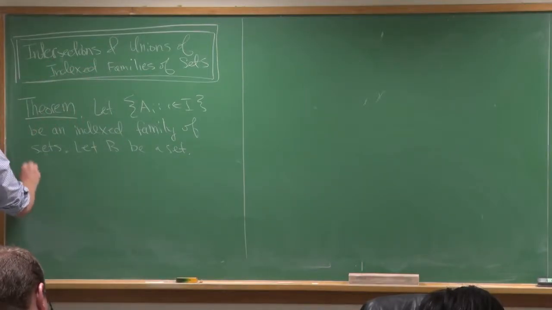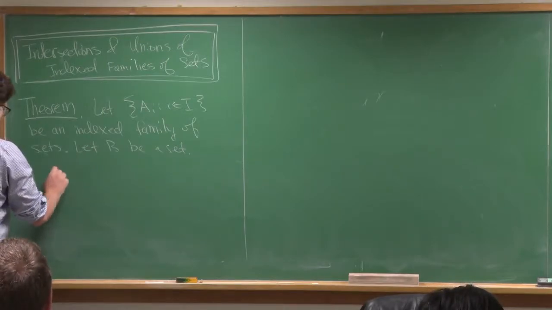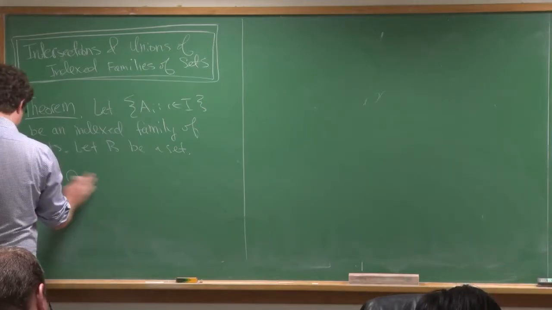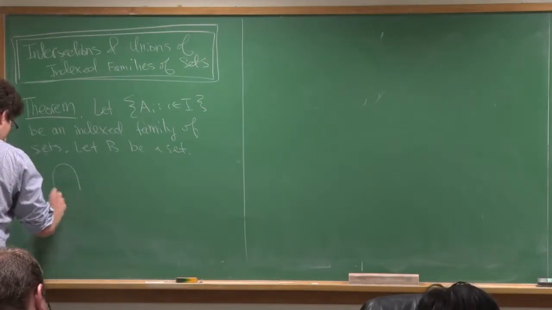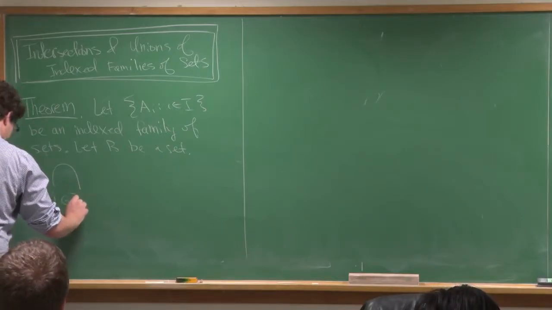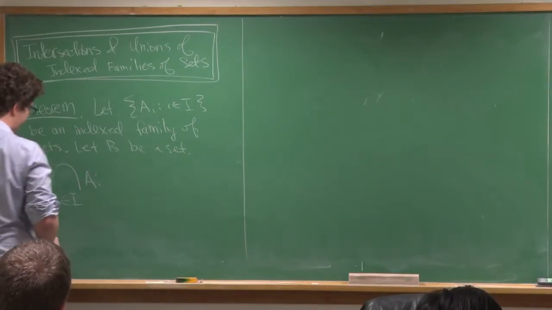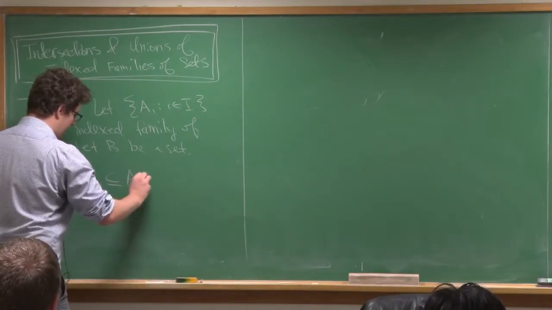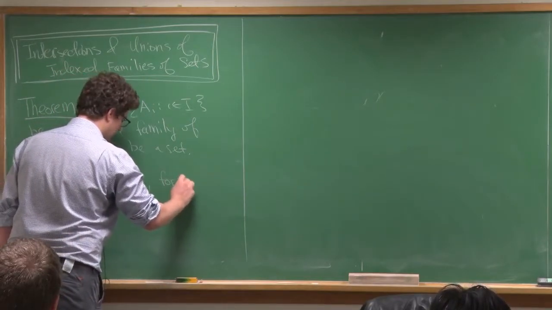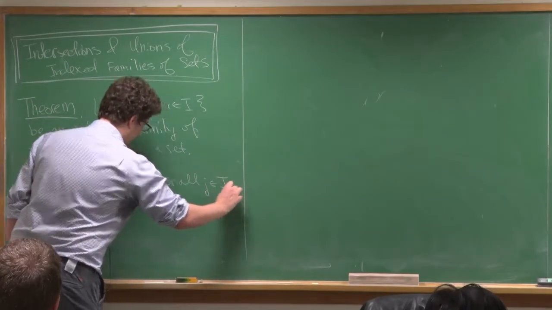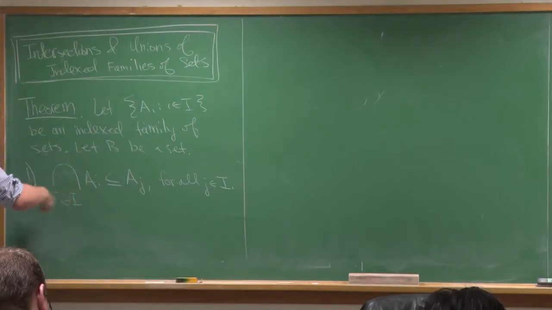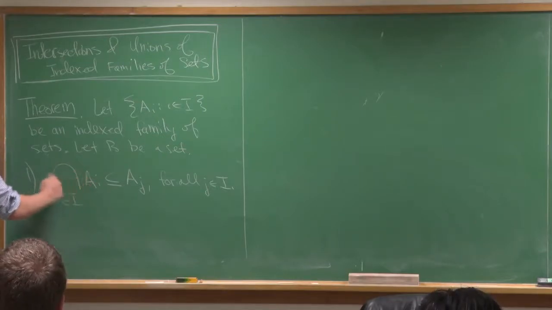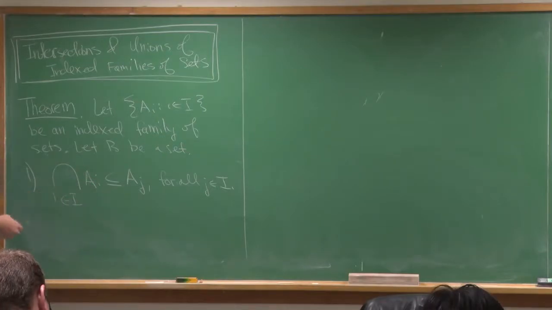First, if I take the big intersection over all these sets, this is going to be a subset of A_j for all j in the index set. So this big intersection is a subset of each member of the family.